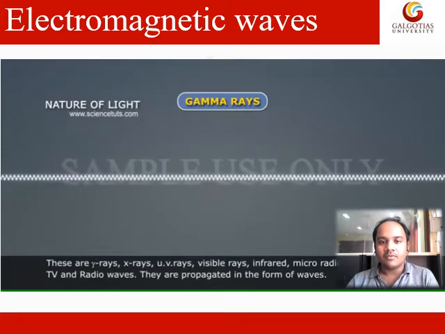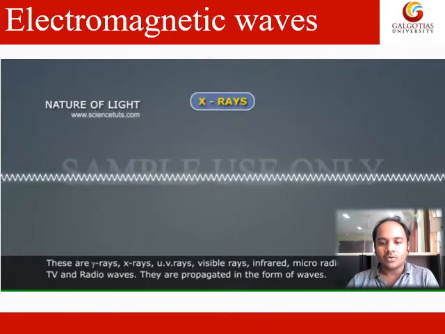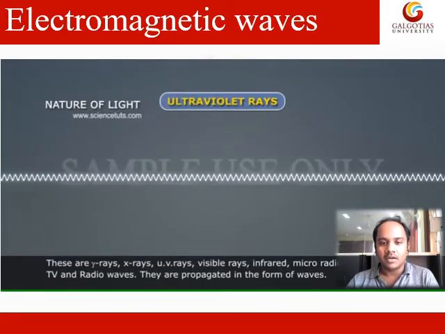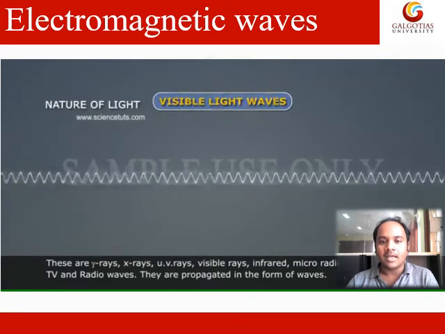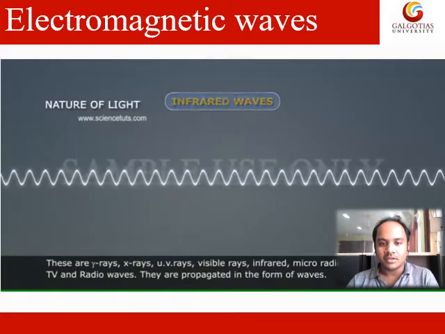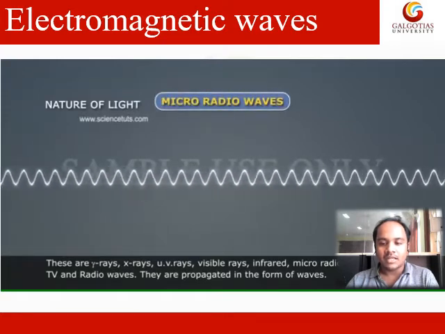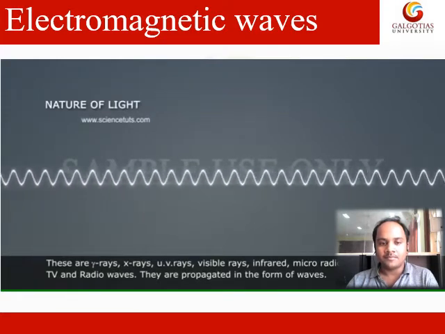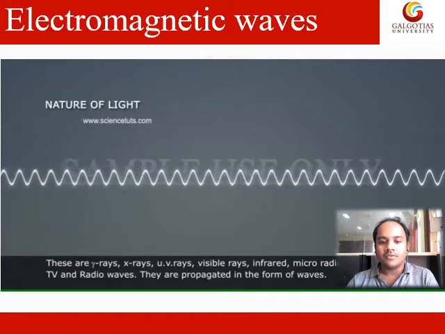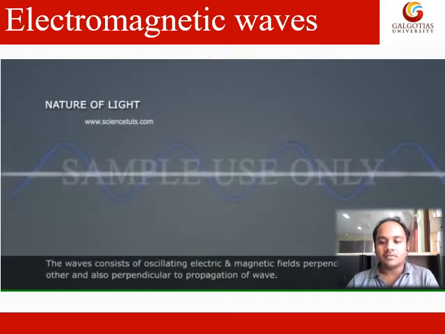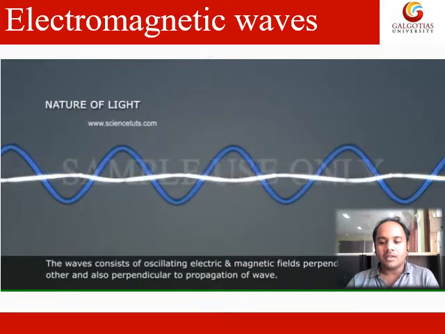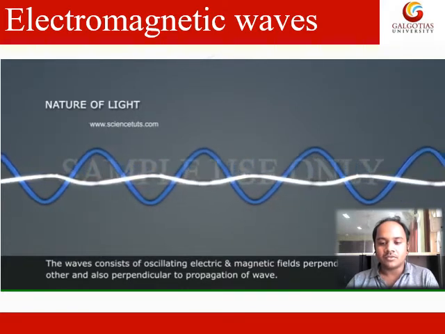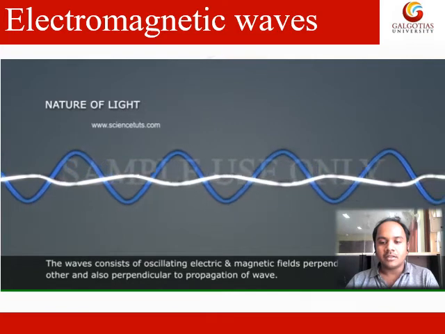When we talk about electromagnetic wave, we need to understand about the electromagnetic spectrum. Under the electromagnetic spectrum we have gamma rays, x-rays, UV rays, IR rays, microwaves, TV and radio waves, as well as your visible light spectrum. So these are all different components lined up in one specific spectrum which is called the electromagnetic spectrum.